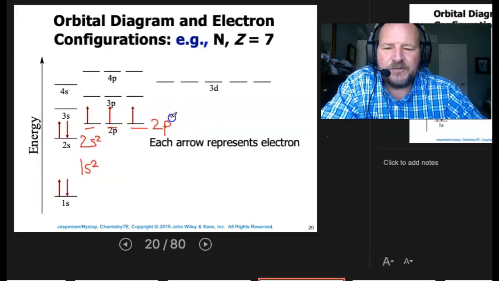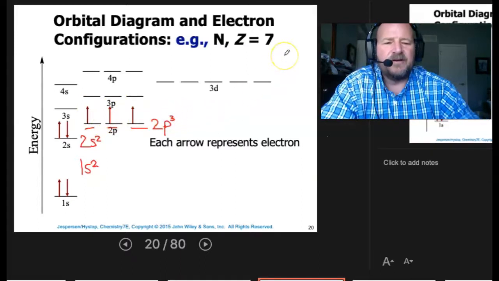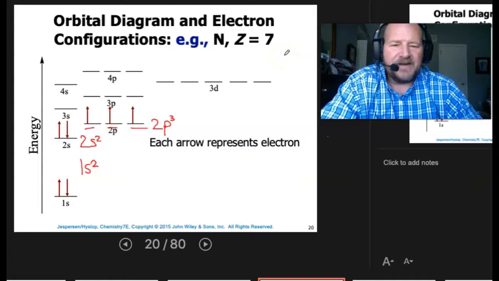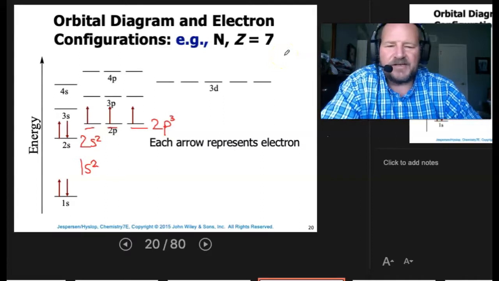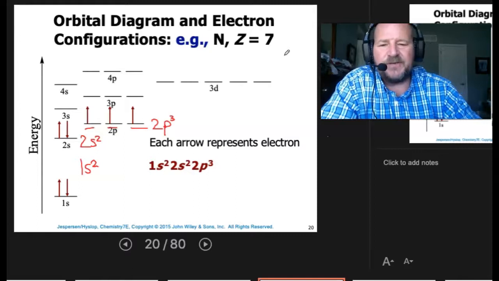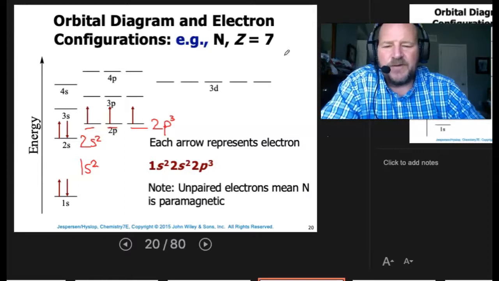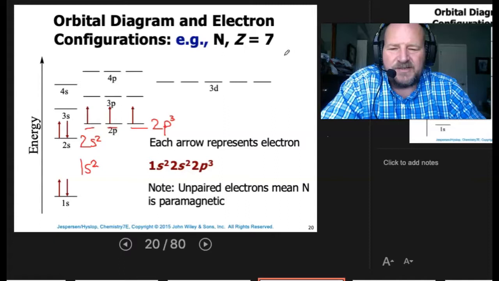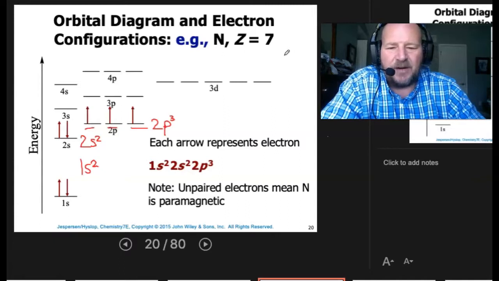So that's going to be 2p3. Now, once I've got the orbitals all figured out, I just list them straight across: 1s2, 2s2, 2p3. Now note because we have unpaired electrons, this means that nitrogen is actually paramagnetic and should be attracted to a magnetic field.